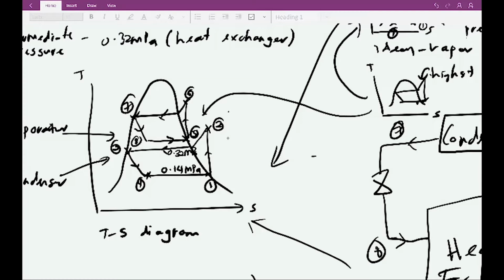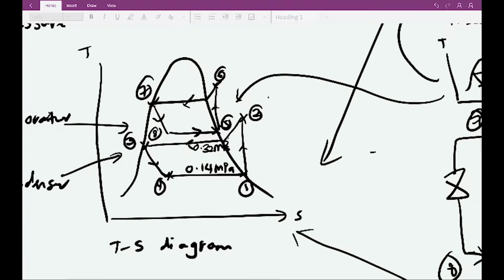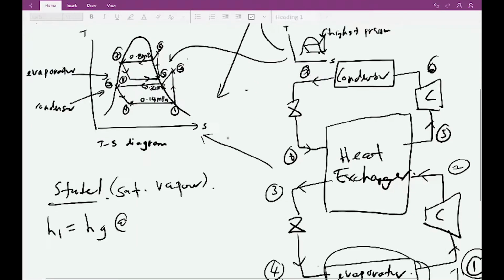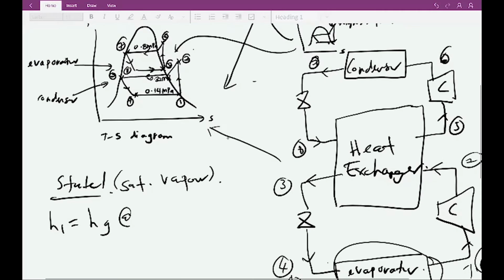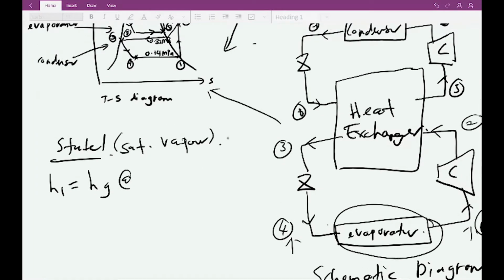And the highest pressure should be 0.8 MPa. So your lowest pressure at state 1 is 0.14 MPa.